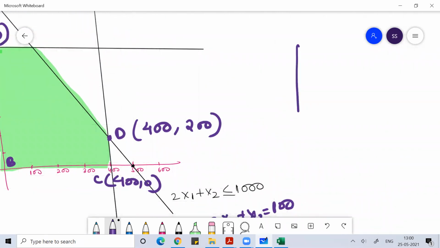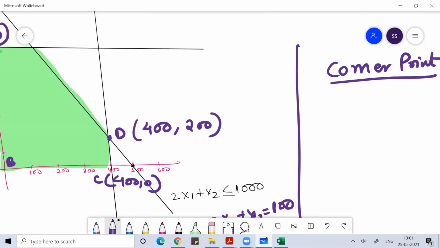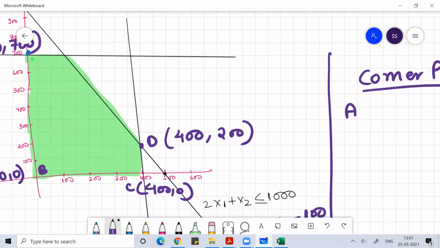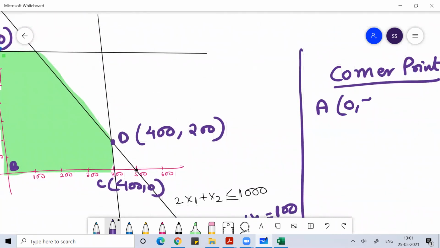So you get the four coordinates. These four coordinates are called corner points. Point A is equal to 0 comma 700.